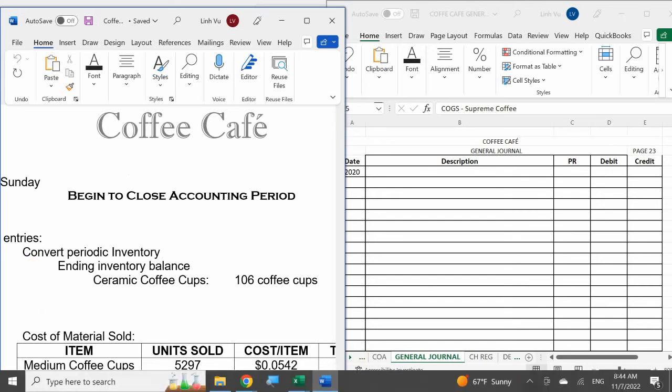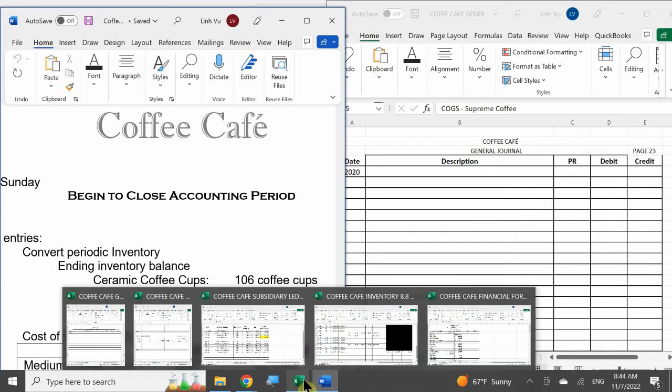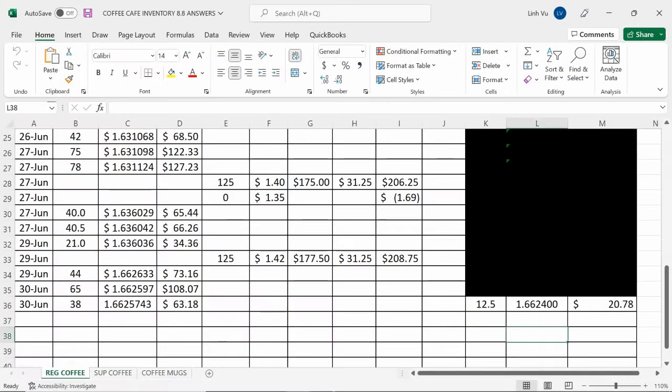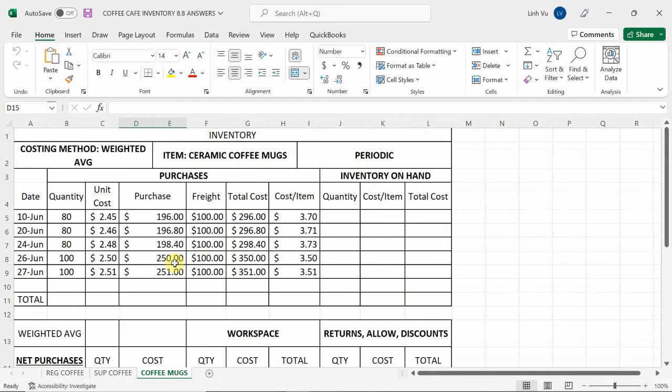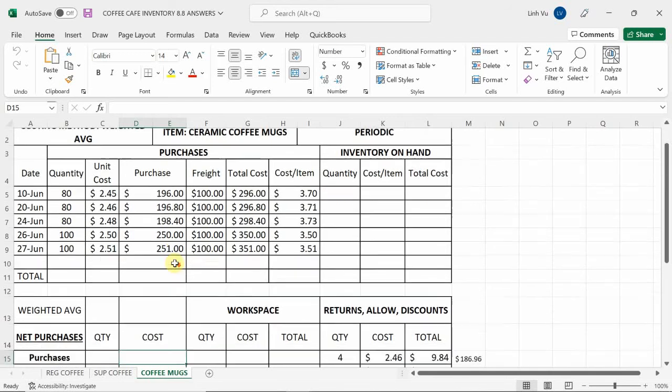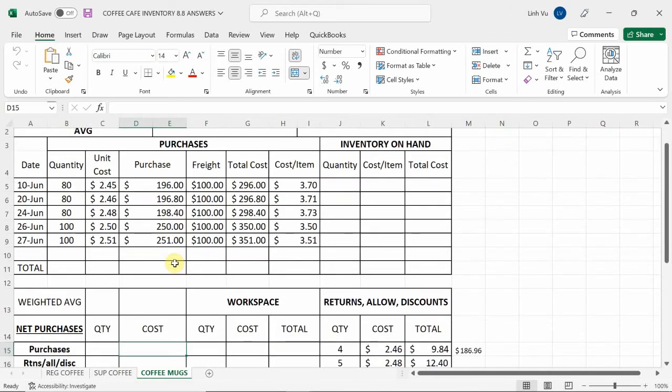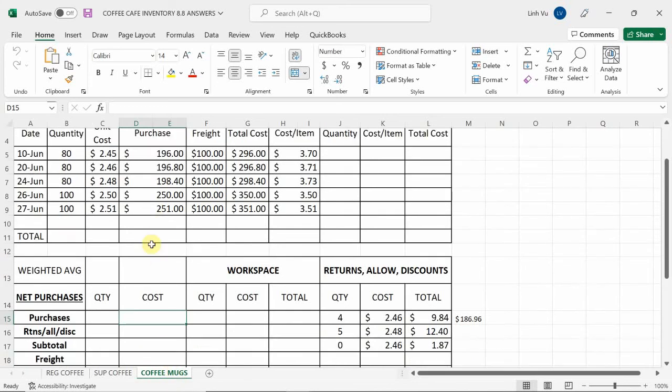Okay. So how do I do periodic inventory? So this is chapter 5.